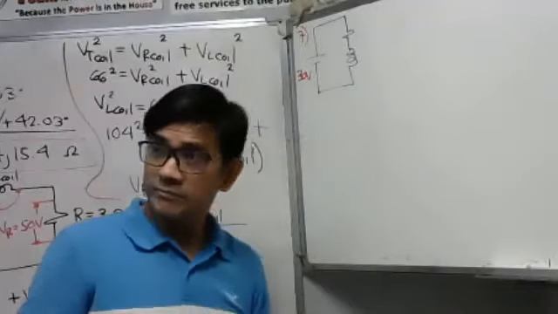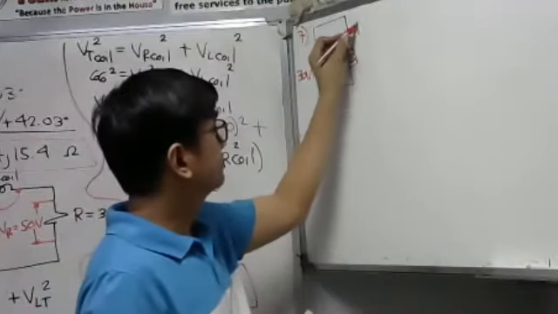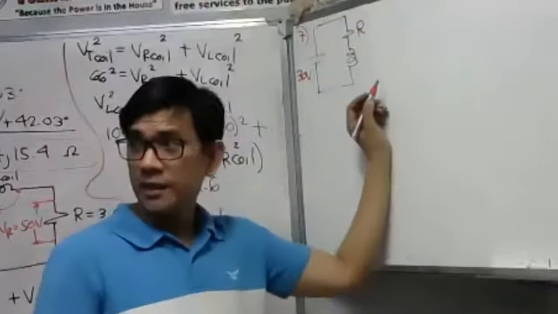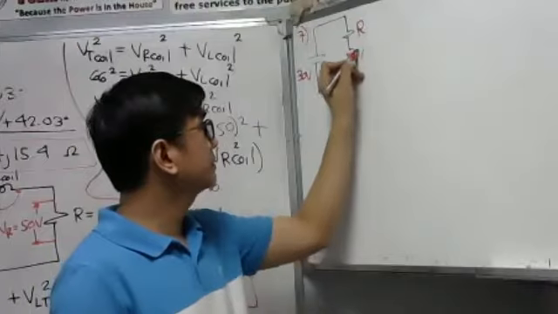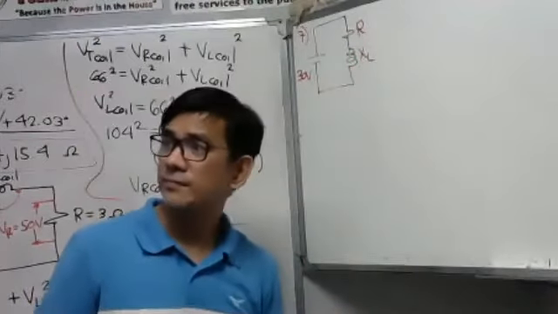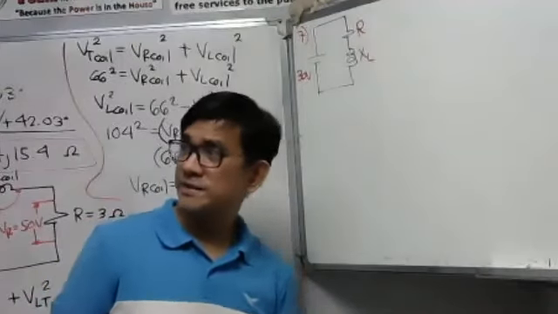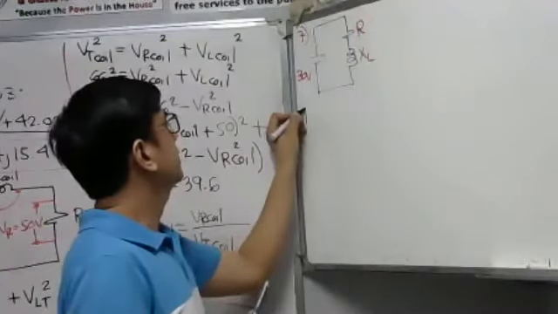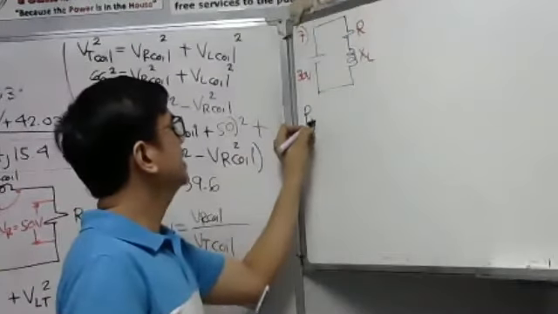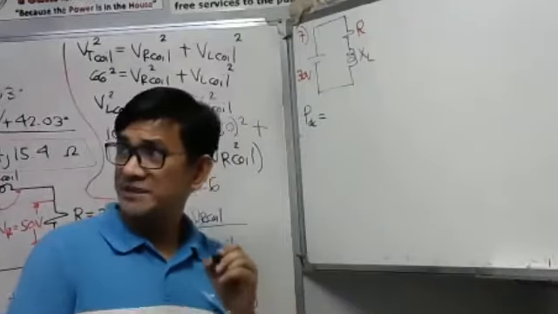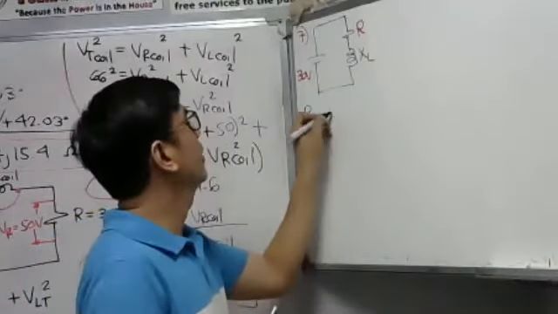Of course, our coil, it has R and it has X sub L. The power consumed is 150 watts, meaning that is our power in DC. That is equal to 150 watts.